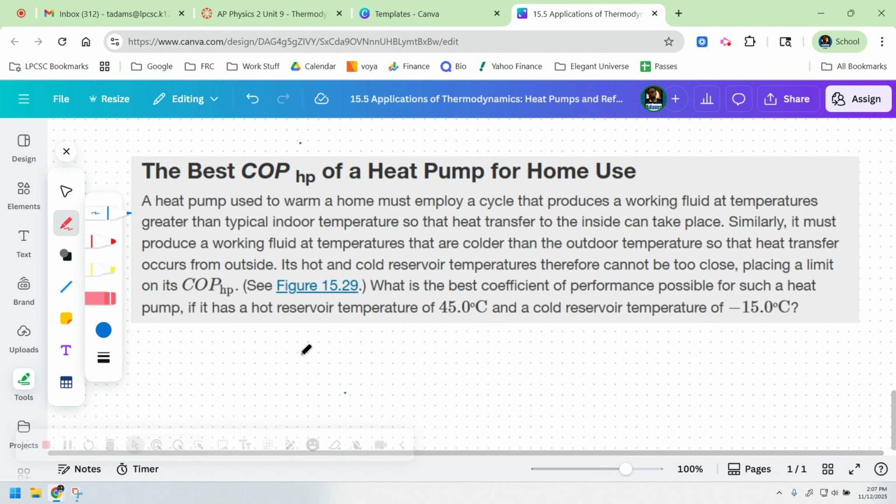So a heat pump used to warm a room must employ a cycle that produces a working fluid at temperatures greater than the typical indoor temperature, so that the heat transfer to the inside can take place. Similarly, it must produce working fluid at temperatures that are colder than the outdoor temperature, so that the heat transfer occurs outside. It's hot and cold reservoir.